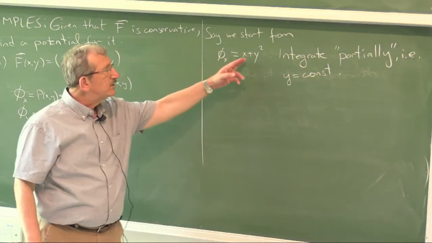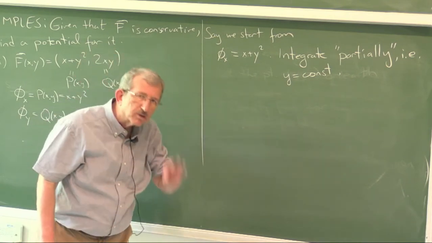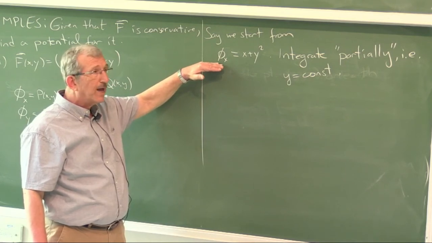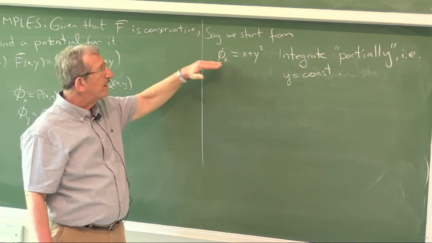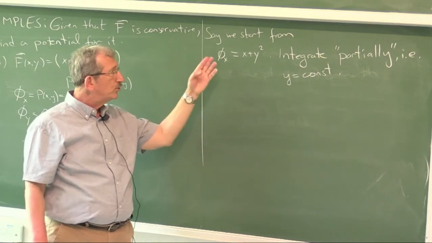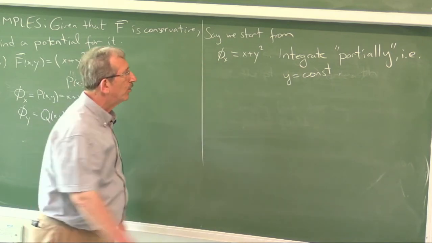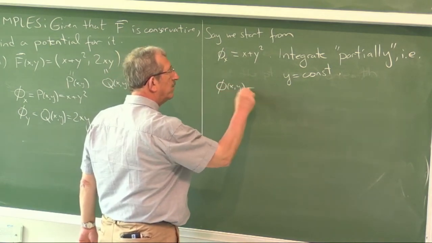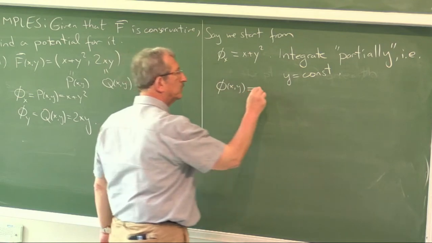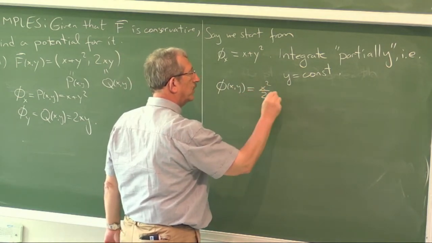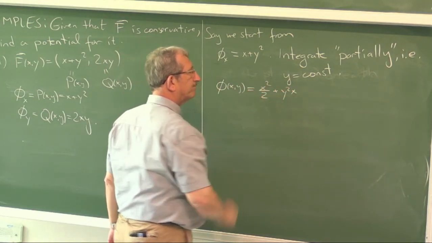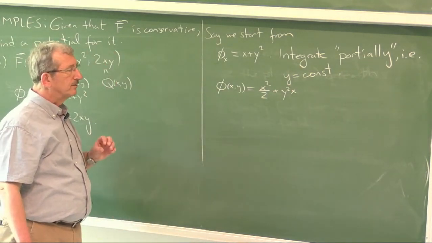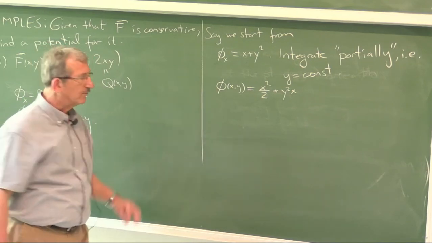Because this is obtained by keeping y constant, so we differentiate with respect to x only. So when we integrate to find phi, we should integrate with respect to x only. So phi(x, y) would be the partial integral of this. So it would be x squared over 2 plus y squared x, when you integrate, because y is constant. But we have a constant, of course.